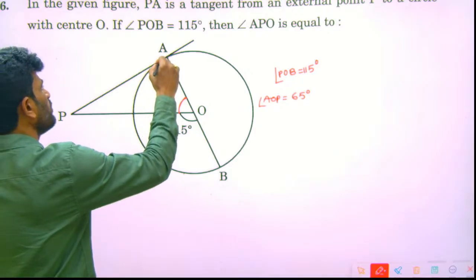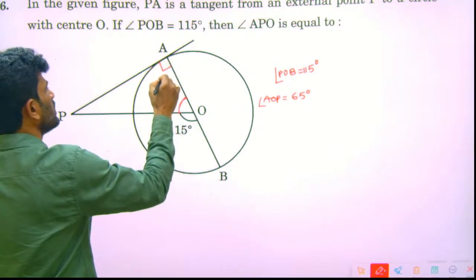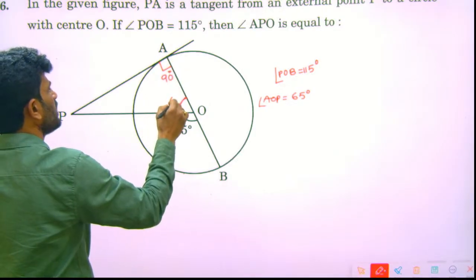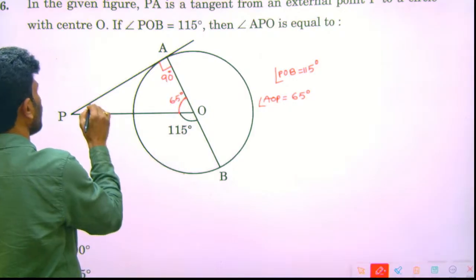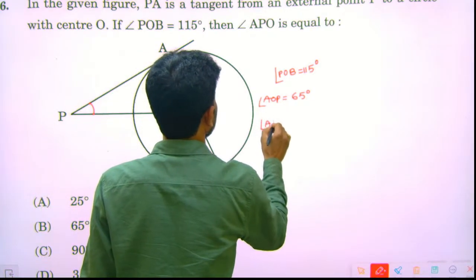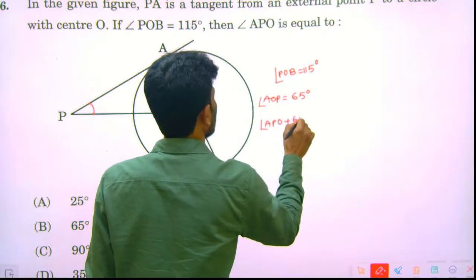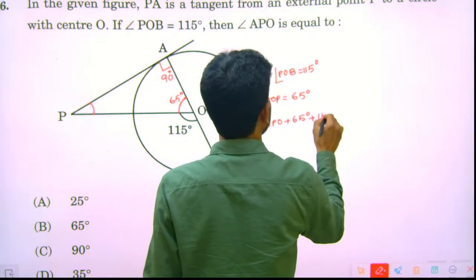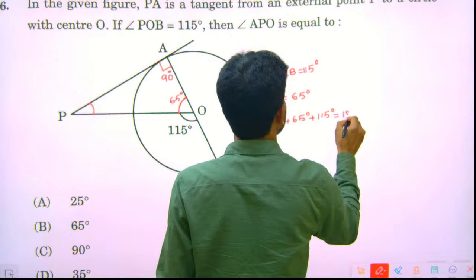And we know the angle between tangent and radius is 90 degrees. This is 90, this is 65. Angle APO we want. So what is angle APO? Angle APO plus 65 plus 90 is equal to 180 degrees.